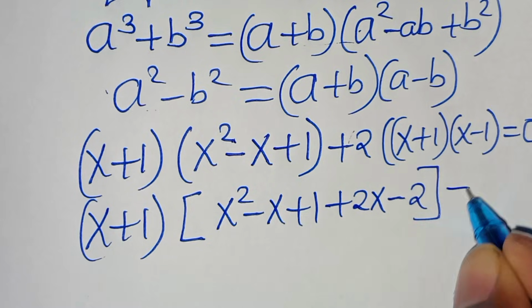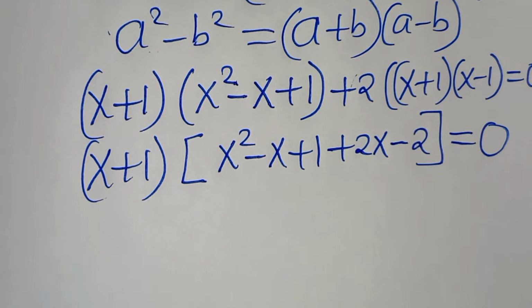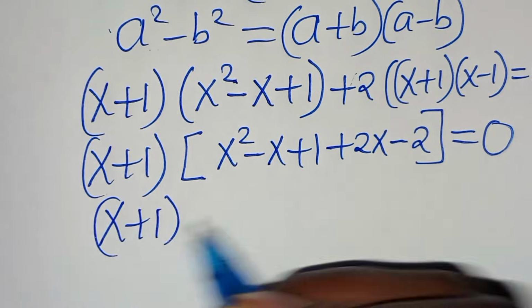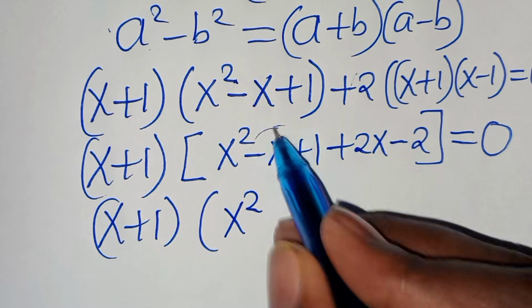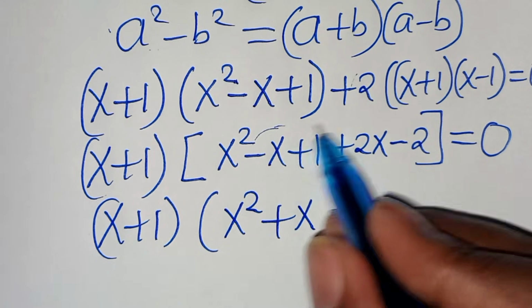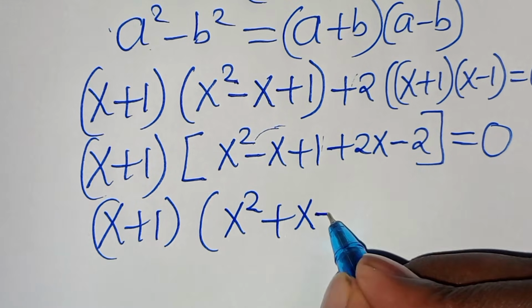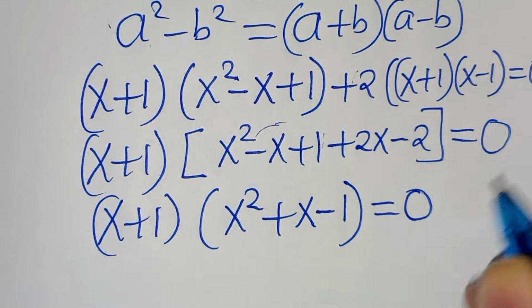Close the parentheses. This is equal to 0. The next step is that we have x plus 1 into the parentheses. This is x squared minus x plus 2x. This is plus x. Then we have plus 1 minus 2. This is minus 1. Close the parentheses. This is equal to 0.